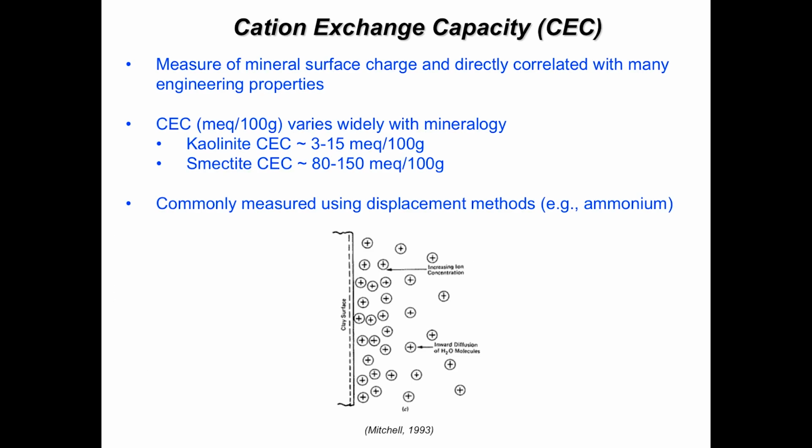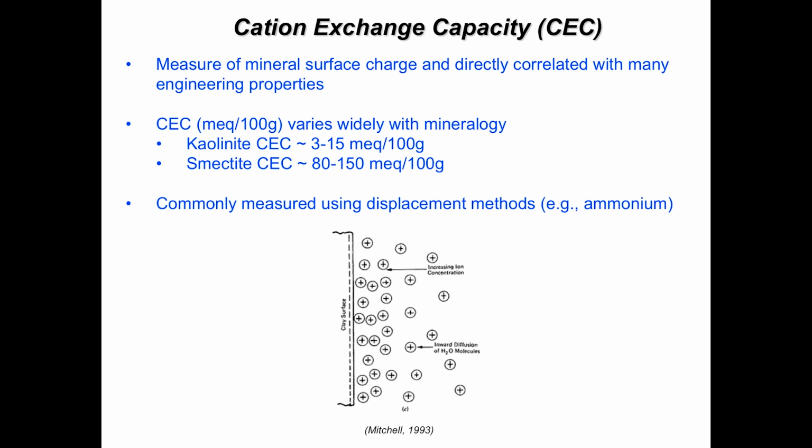In terms of cation exchange capacity, first of all, again, what is this? This is really a measure of the cation charge required to balance net negative charge associated with the clay mineral surface, and so that's again related to the sorption capacity of the clay. If there is a great deal of net negative surface charge counterbalanced by a large population of cations, the water vapor sorption behavior is going to be influenced by that.